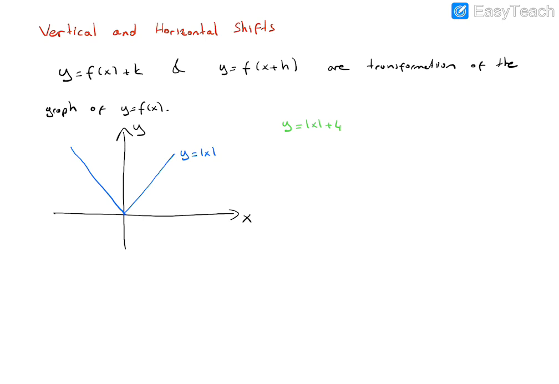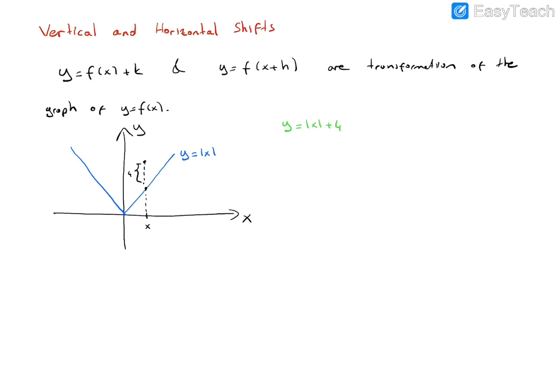Why? Because for the same value of x, here we need absolute value of x plus 4, so 4 units up. For x equals 0, the value is 4.